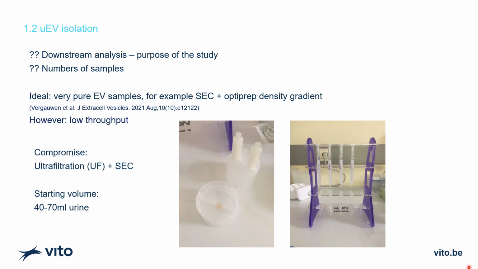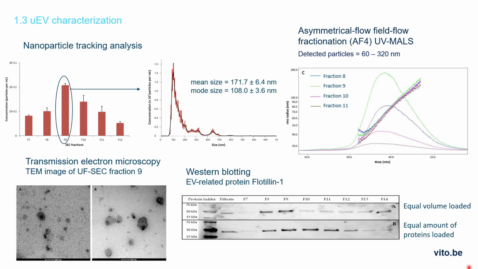It works quite well. We use it for CSF. In this case, we had large volumes of urine, so we chose to filtrate them first, to around 500 microliters, and put that on a size exclusion column to do the final isolation of the vesicles.